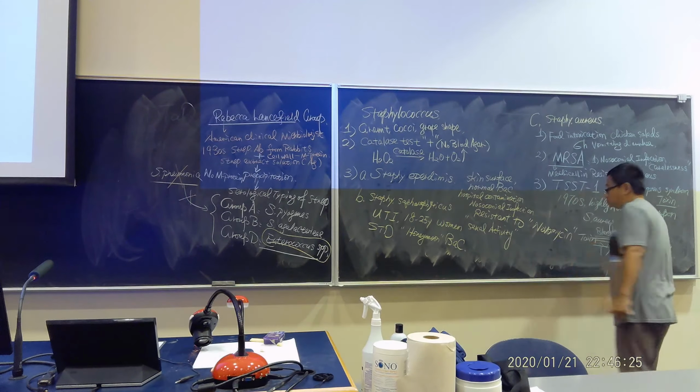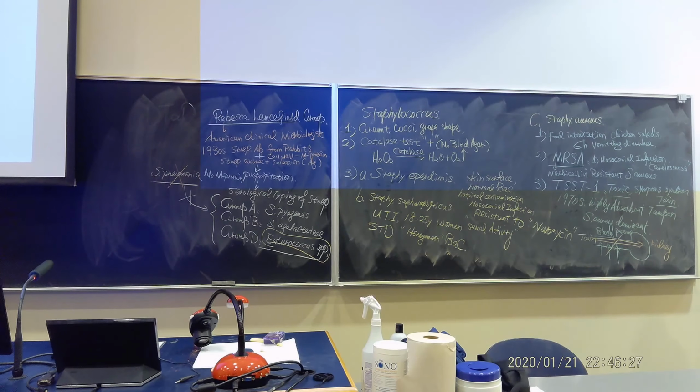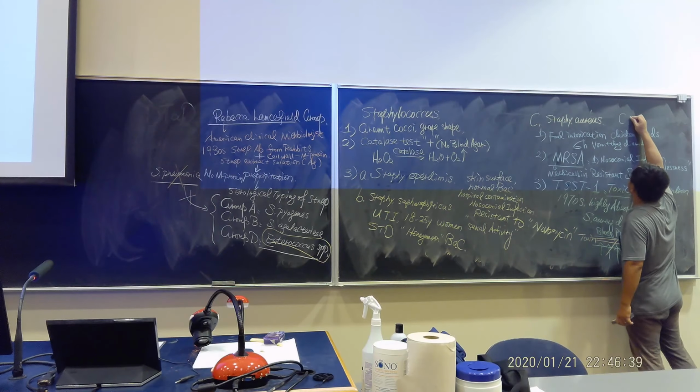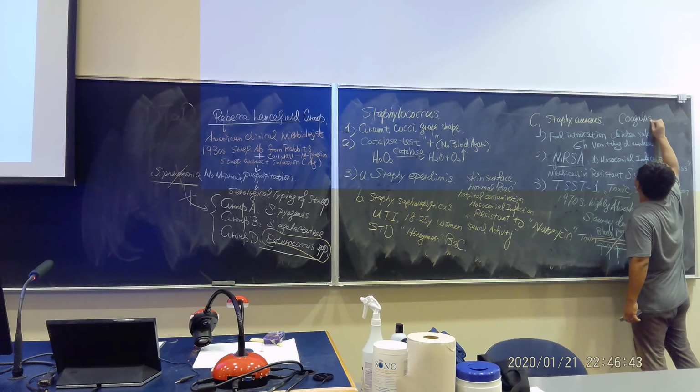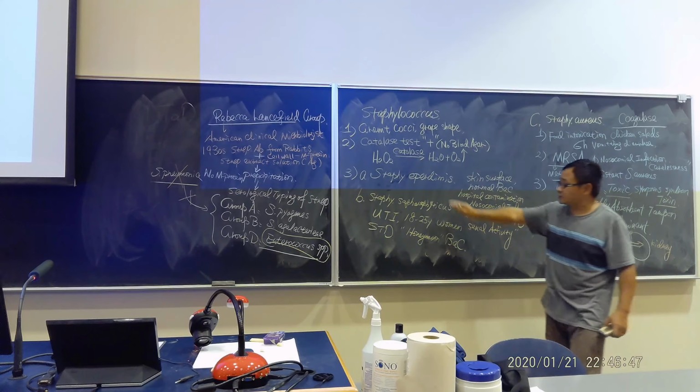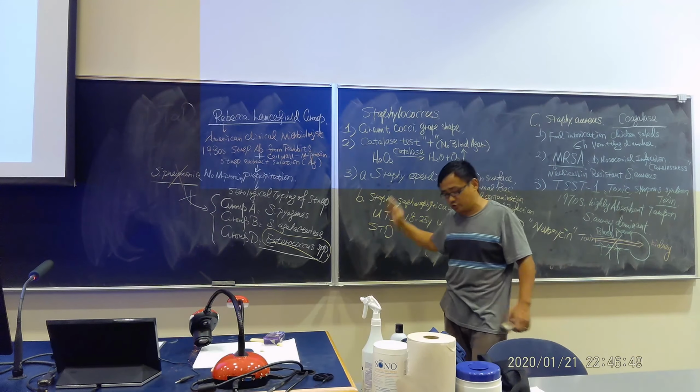So, one more thing we want to mention, Cox Errors is also very invasive, and we see slides here. There is one typical thing for this, it has an enzyme called coagulase. And this coagulase, Staphylococcus epidermidis and saprophyticus do not have it.